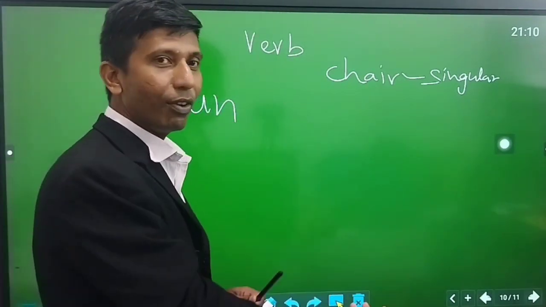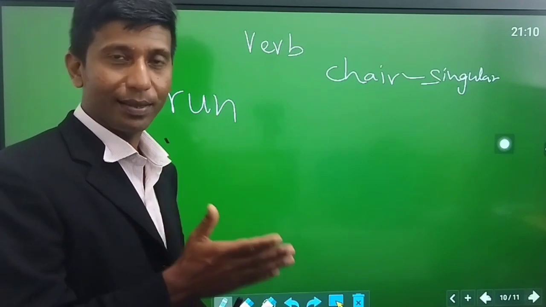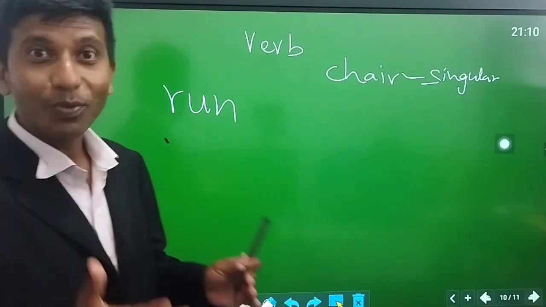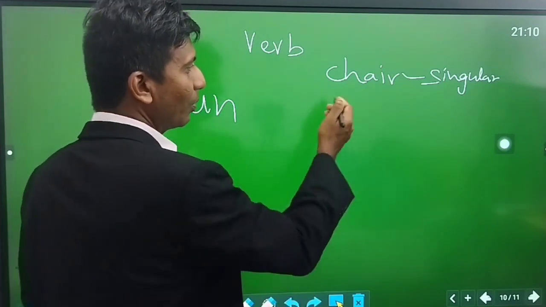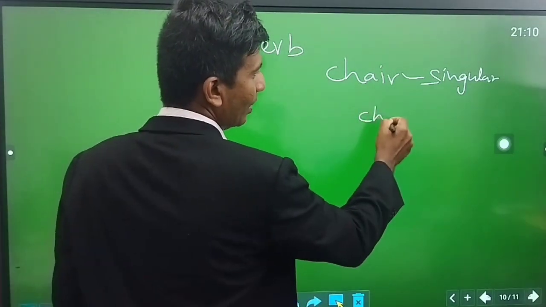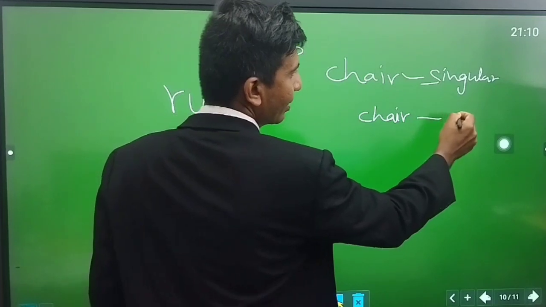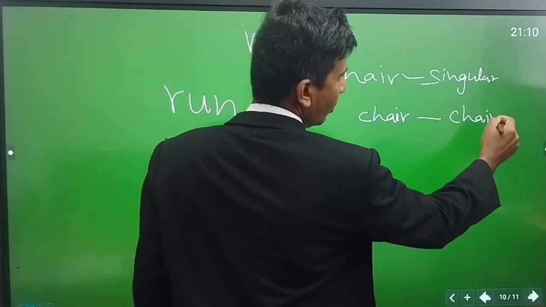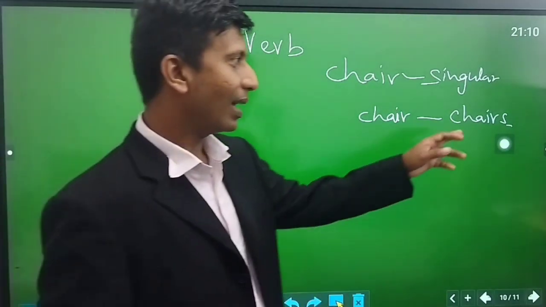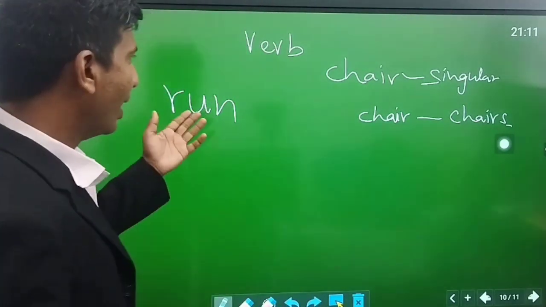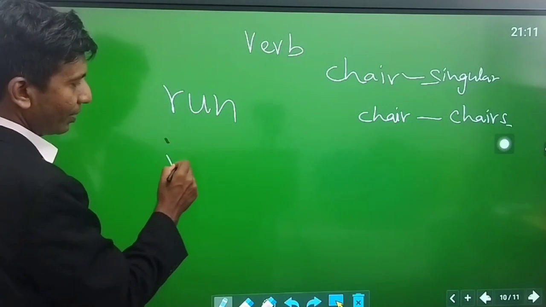Now what we have to do is make the singular forms by adding an s to the end, as we made the plurals of nouns. What is the plural of chair? The plural of chair is chairs. How did we do it? We add an s. But when you add an s to run, what happens?